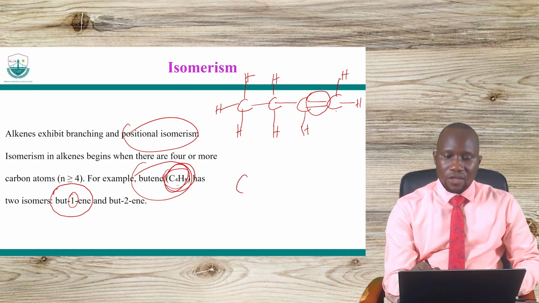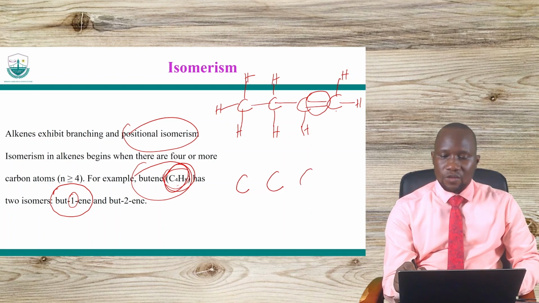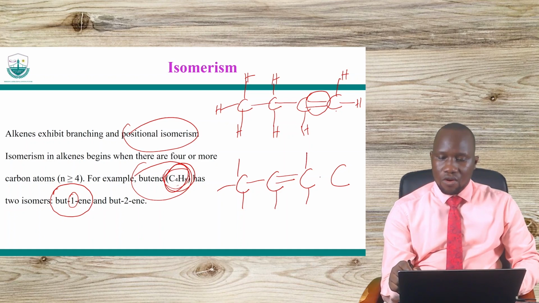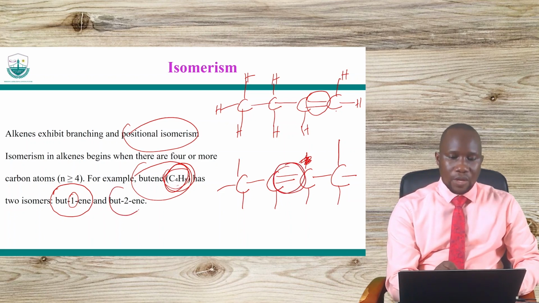So you have C, C, C, and C, but the double bond is now here. We also make sure that each carbon has 4 bonds. So position number 2. That is what we have here.